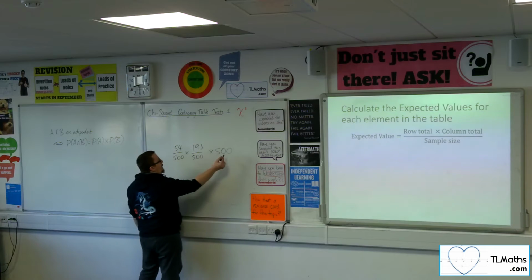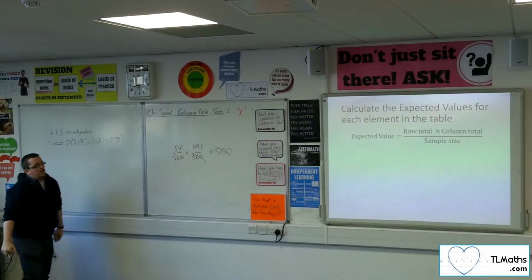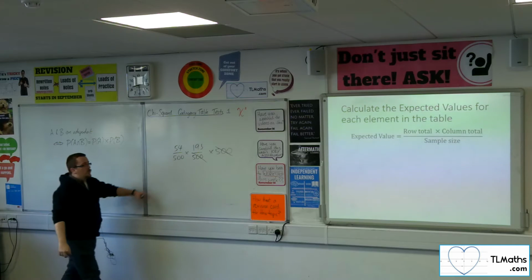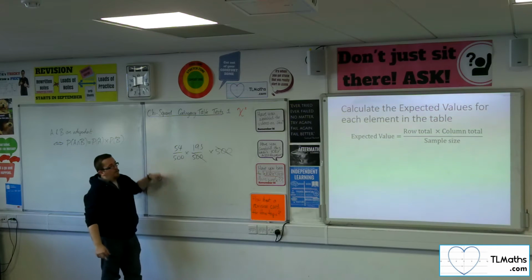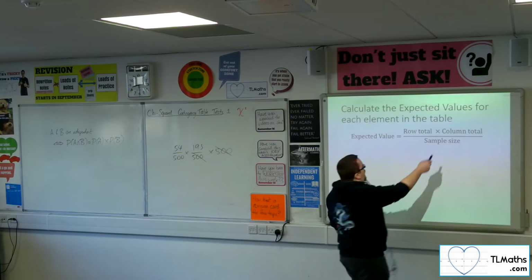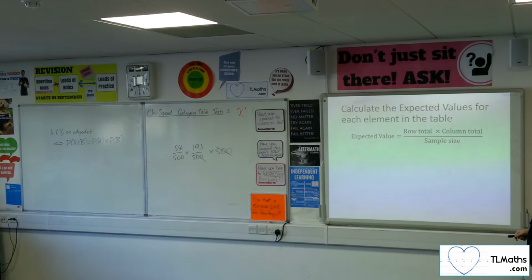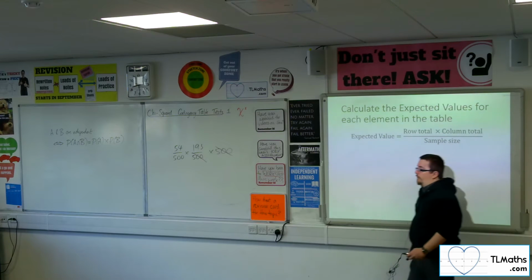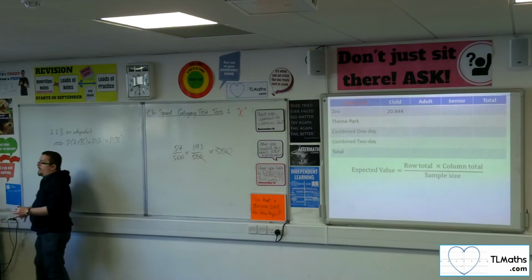So one of those 500s can cancel with that one, which leaves you with the calculation of 54 times 193 divided by 500. So it's easier to just use this formula instead: row total times column total divided by sample size. Okay, that is one that you need to remember.